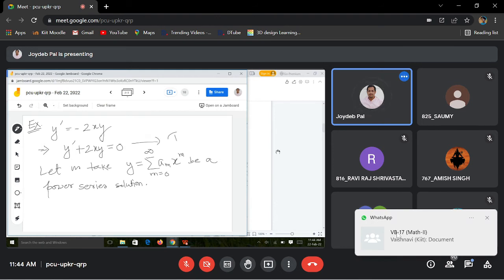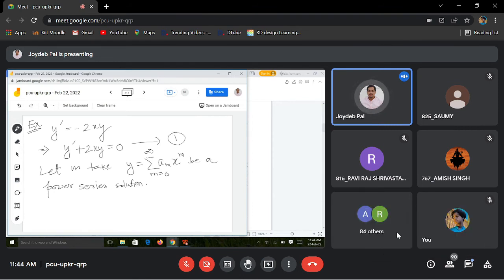Then since y is equal to summation m from 0 to infinity a_m x to the power m is a solution, it will satisfy the equation, na? Is it true?